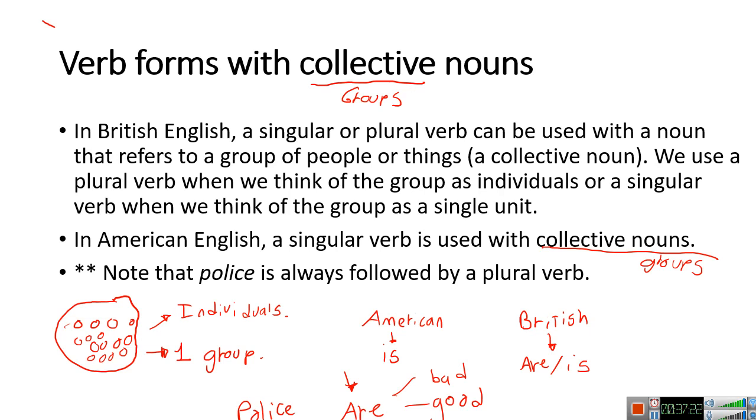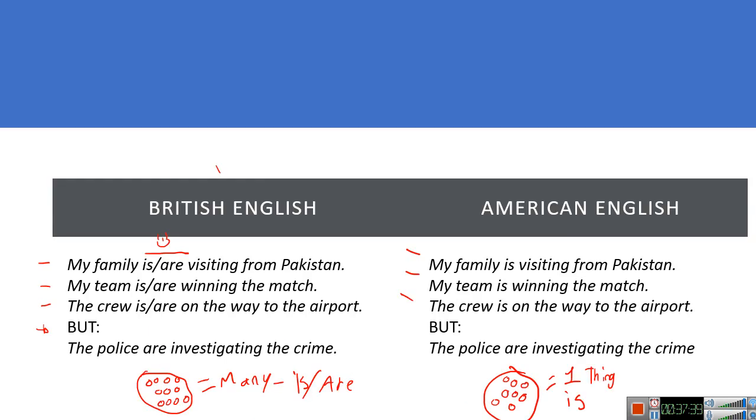Teacher, I don't remember the meaning of the word police. Policía. Police. That's what it means. And here are the examples of that.